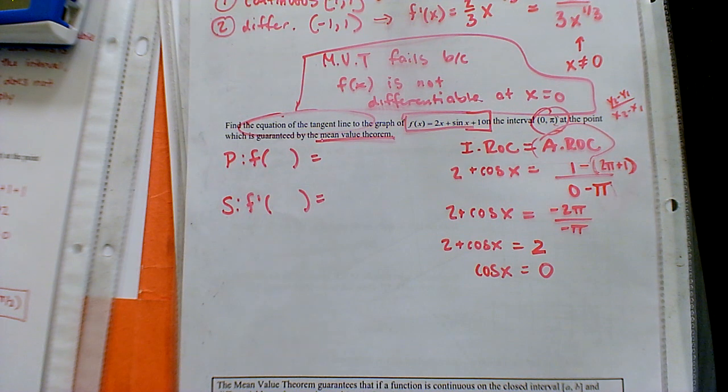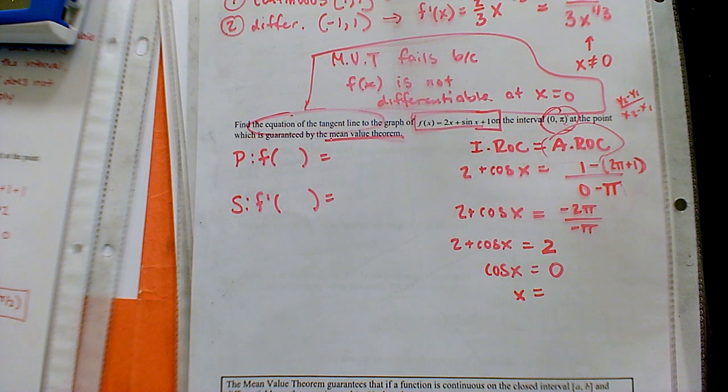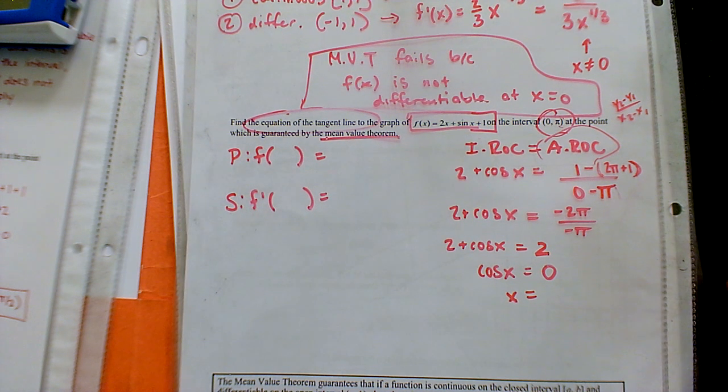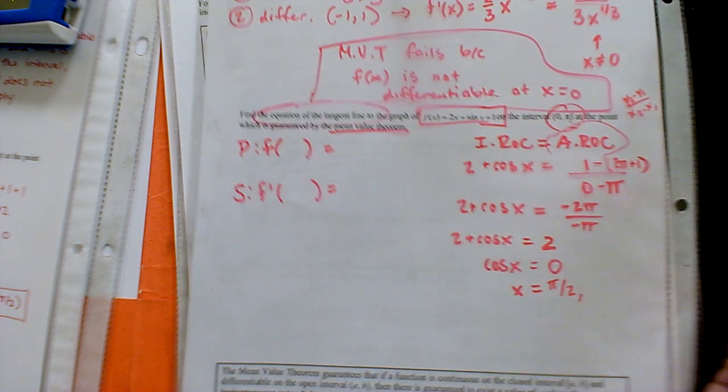All right, so on our unit circle, we got to think about where does cosine have a value of 0? If we start at 0, the cosine value is 1. If we move to pi over 2, that's 0.